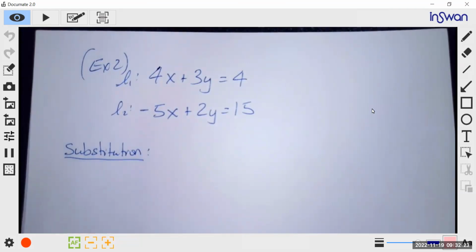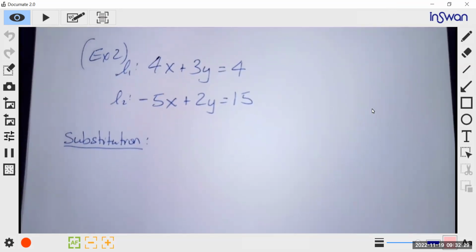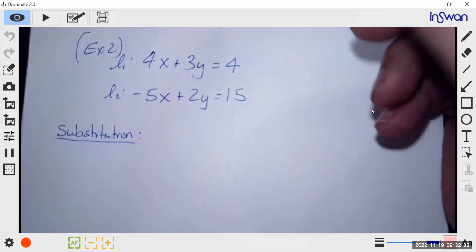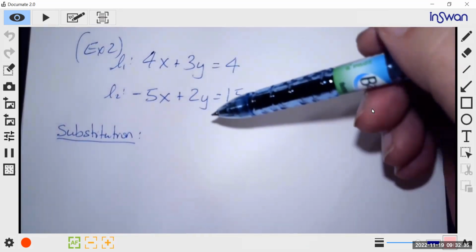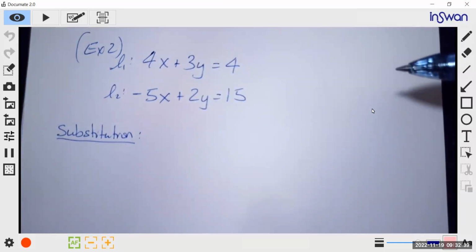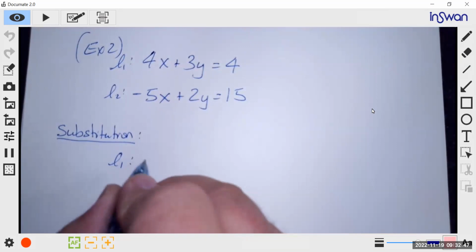Let's do substitution first. So remember, we have to first choose an equation, and then a variable to solve for. Doesn't matter which one you pick. So let's choose the first equation.